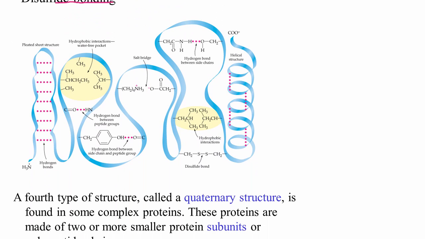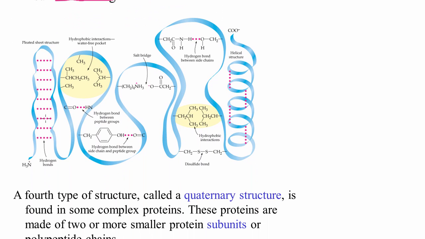So let's take a look at this. This is just a representation, the blue ribbon-like structure here. That'd be the primary protein structure, and here we see some secondary structure in the form of an alpha helix, okay? And here we see a pleated sheet, beta pleated sheet structure, okay?